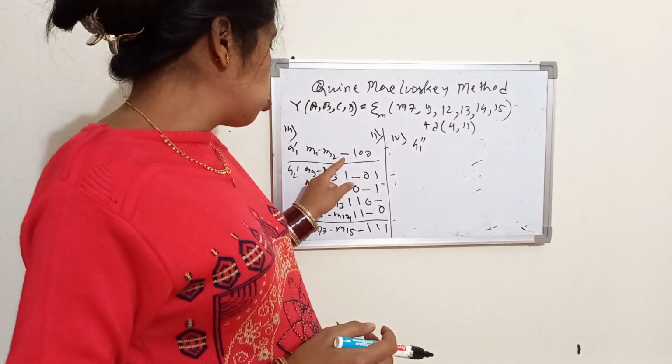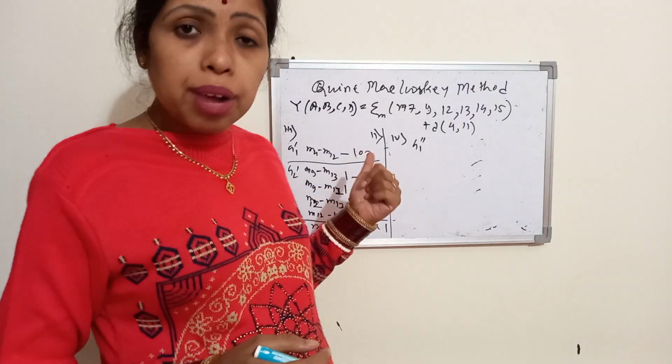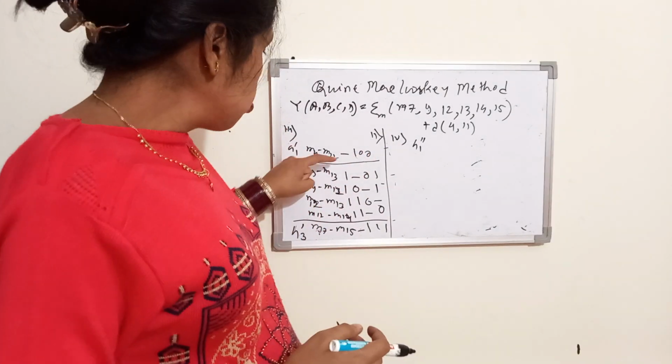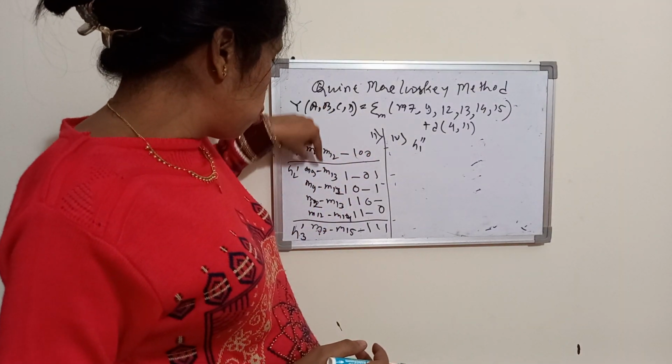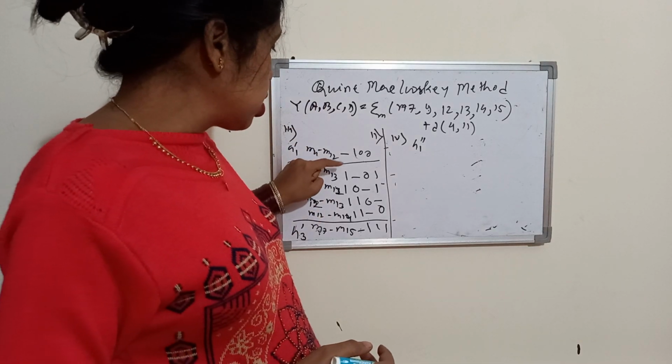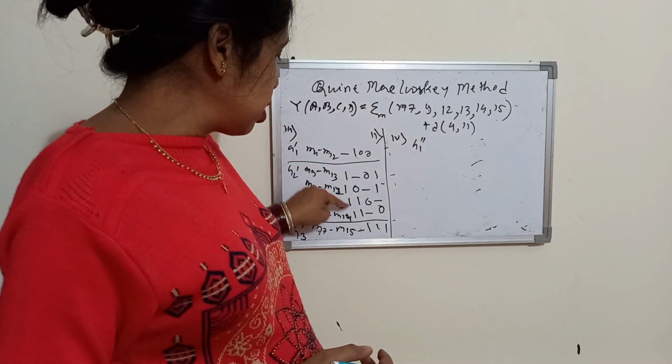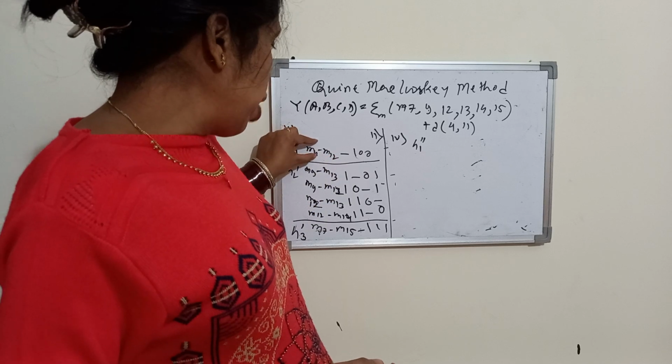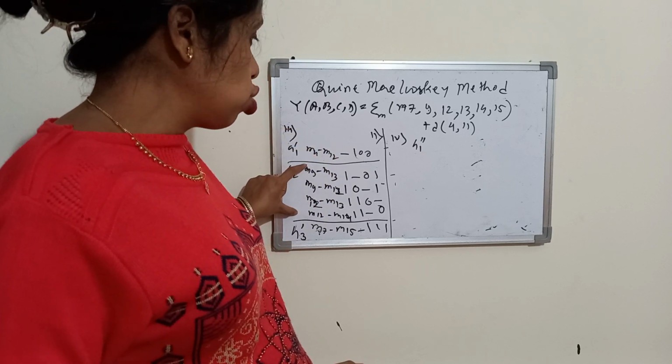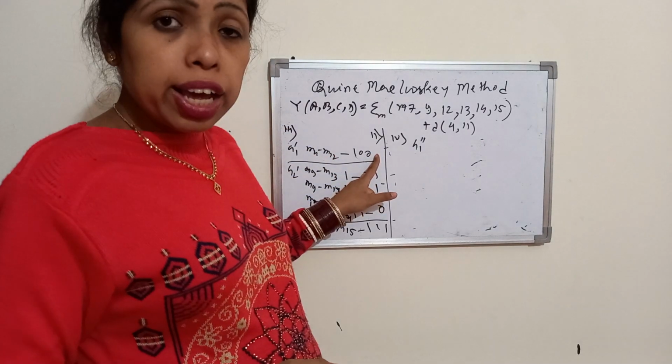If I compare this group with all four groups, there is no dash sign in the MSB, so this product is not matched with this one. That's why I cannot put a tick mark.